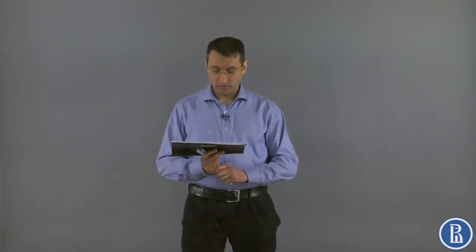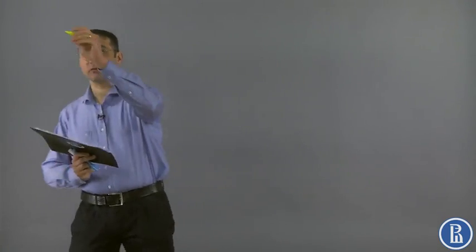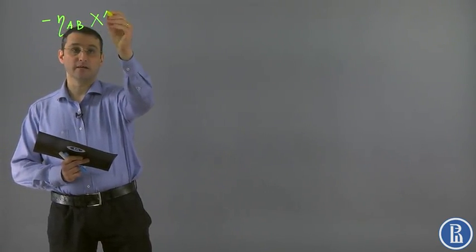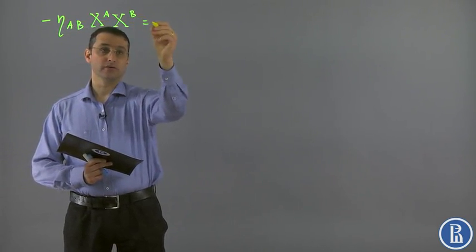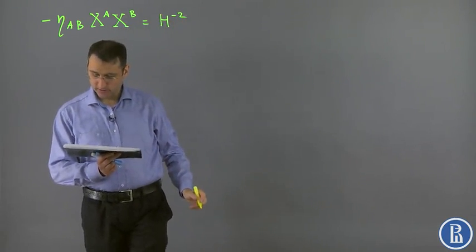Now we're going to continue with the Poincare patch and Poincare coordinates in de Sitter space. Another possible solution of this equation is the following.